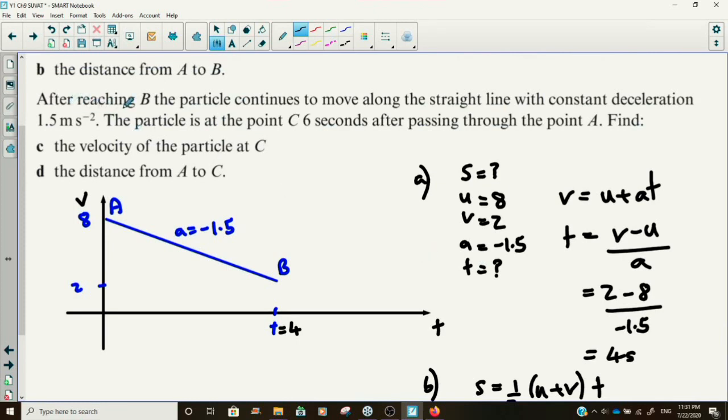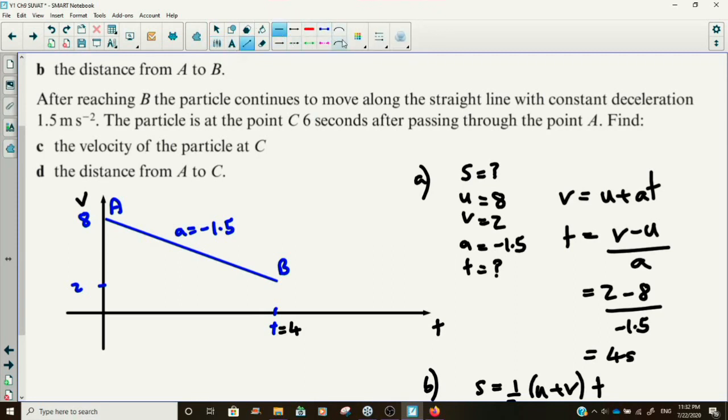It says, after reaching B, the particle continues to move along the straight line with constant deceleration 1.5. So the deceleration is the same as it is for the first part. Okay, and that's really useful because it means we can treat the whole question all in one go rather than having to try and split it up.